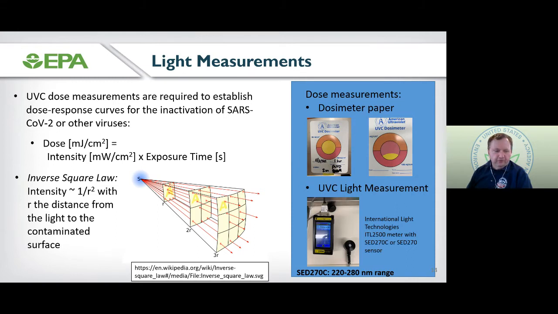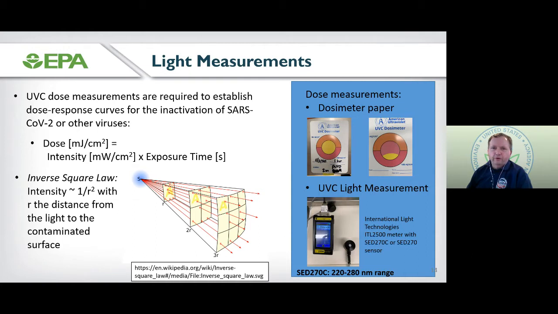The other thing to point out is that the dose is related to the intensity, and more specifically, it's related in an inverse square relation. So the further you're away from the light source, the lower your intensity or your dose will be at the same contact time. So keep that in mind.